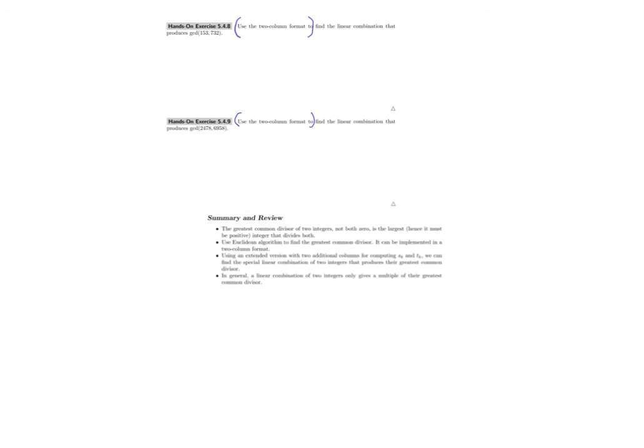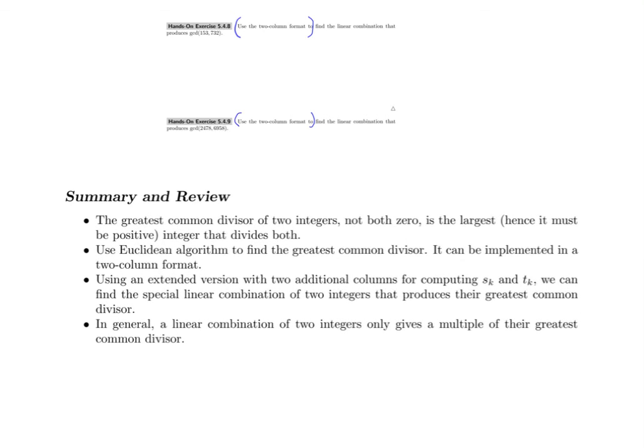So to summarize what we talked about in this section, we gave the definition of the greatest common divisor of two integers where they're not both 0, and that's the largest, which necessarily means it's positive, integer that divides both. We talked about the Euclidean algorithm to find the greatest common divisor, and I'm going to put again this part here in parentheses.